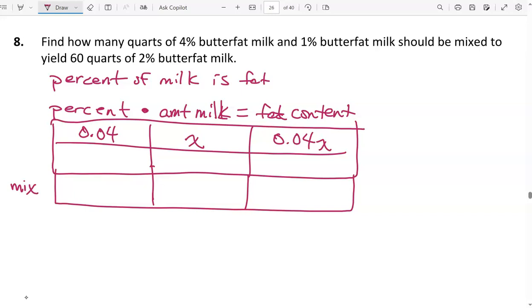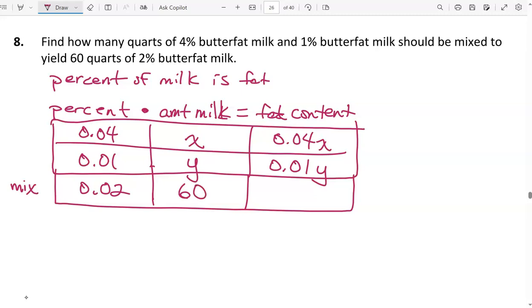The second type that we're mixing together is 1%, or 1/100th, and that should be another amount that we don't know. Let's call it y, and the fat content of that would be 0.01 times y, and the mixture is supposed to have 2% fat, so 0.02 or 2/100ths, and it's supposed to equal 60 quarts total.